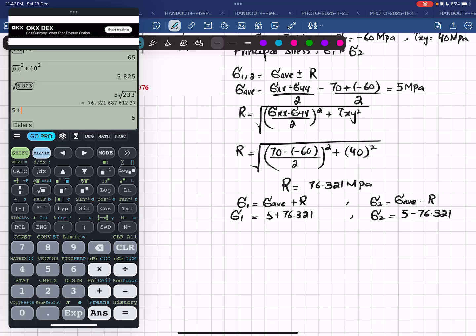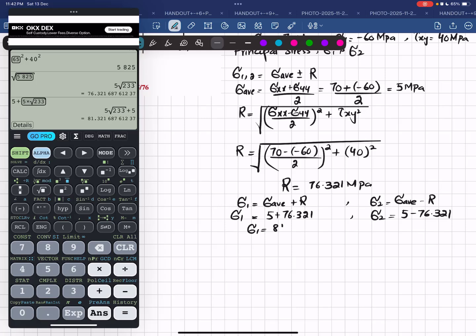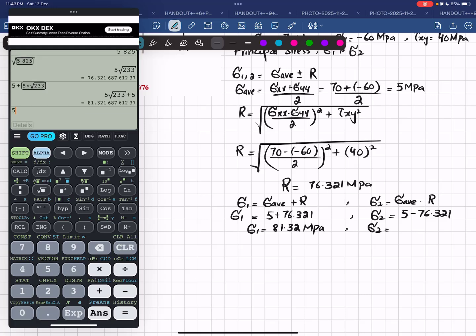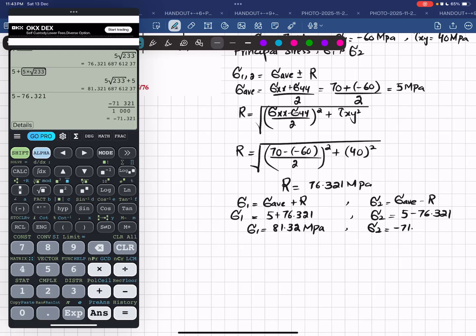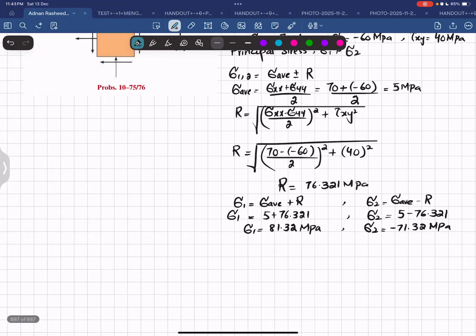Sigma 1 is equal to 81.32 megapascal, while sigma 2 is equal to 5 minus 76.321, and that is equal to minus 71.32 megapascal.